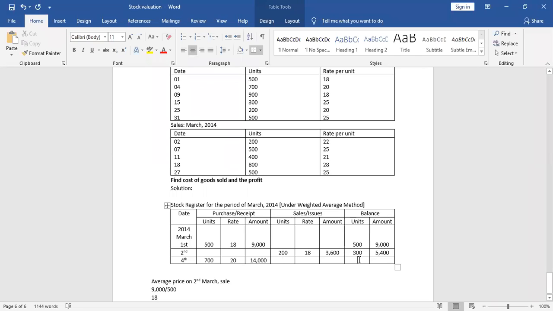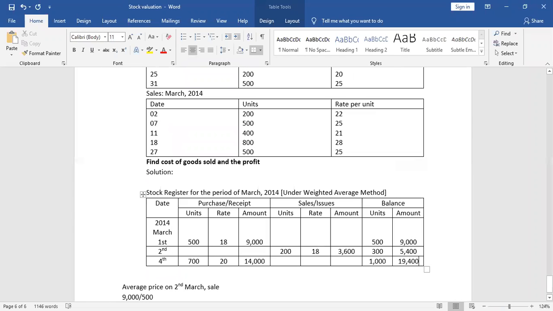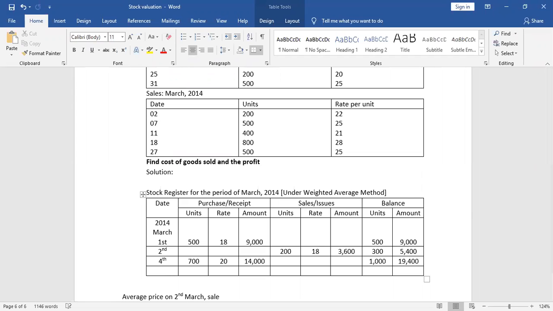So 300 plus 700 becomes 1,000 units. And 14,000 plus 5,400 is 19,400. Are all of you getting these answers?